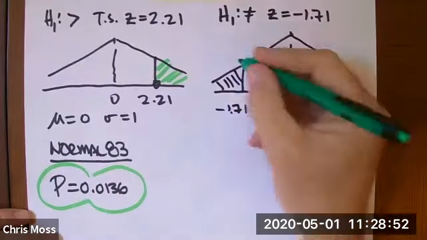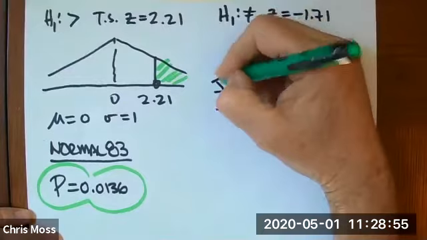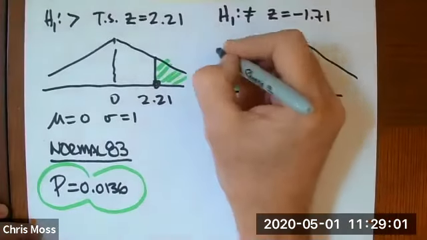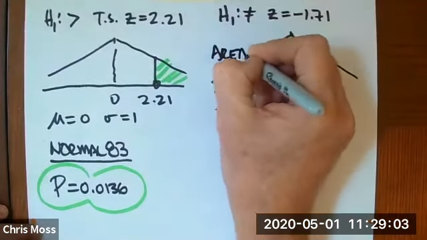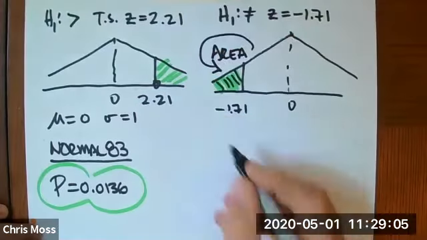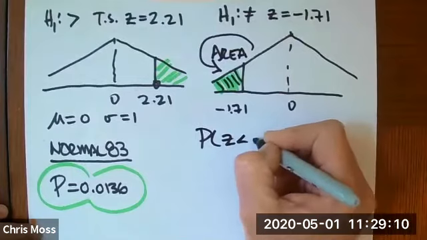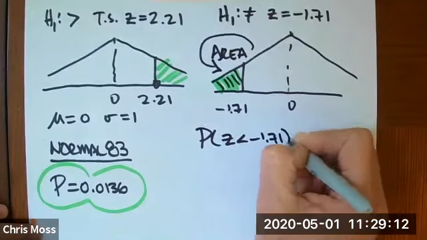Let me bring some color into it, it's always better. Now, I'll use the same general program. I'll find this little bit of area right here, and that's the probability that z is less than negative 1.71.